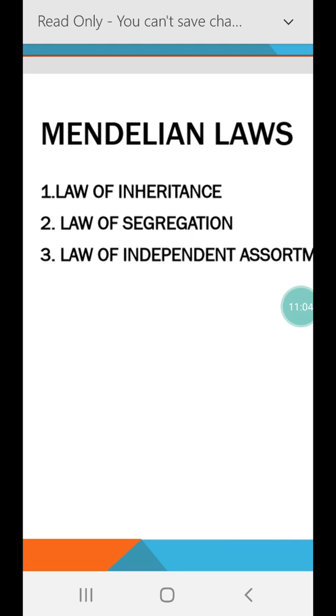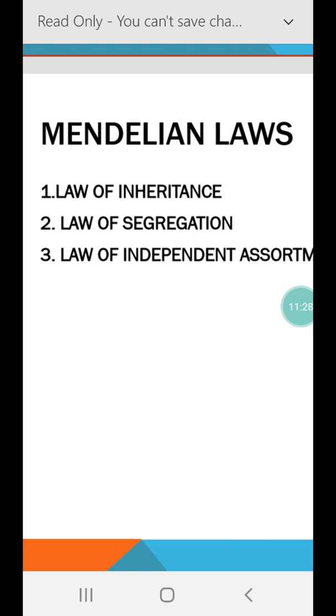For the monohybrid cross, he had chosen a number of features, that is traits, like tall and dwarf, means crossing of tall with dwarf plant, yellow with green seeds, or round and wrinkled seeds. So many characteristics he has taken.